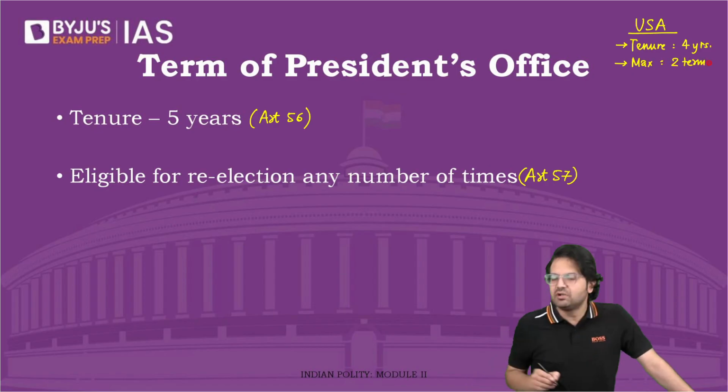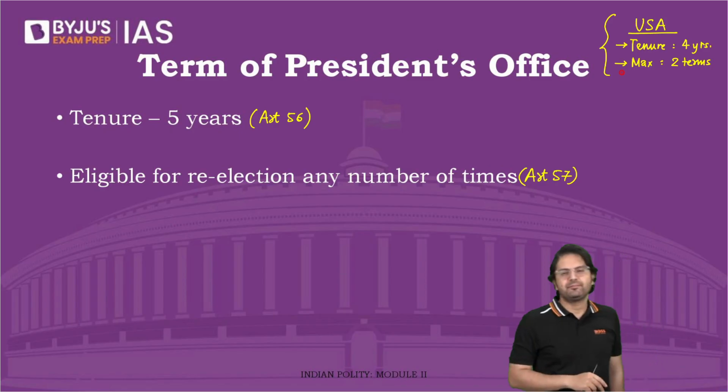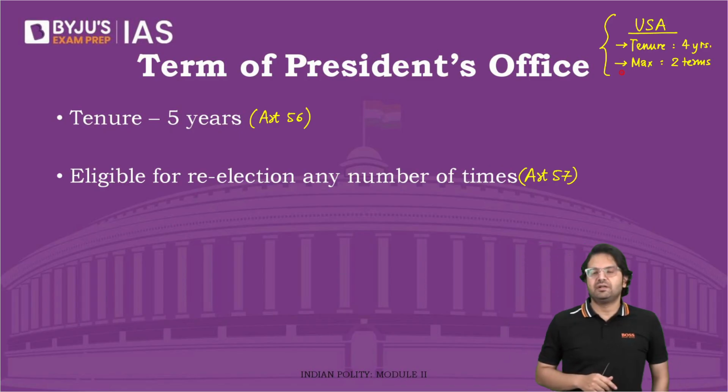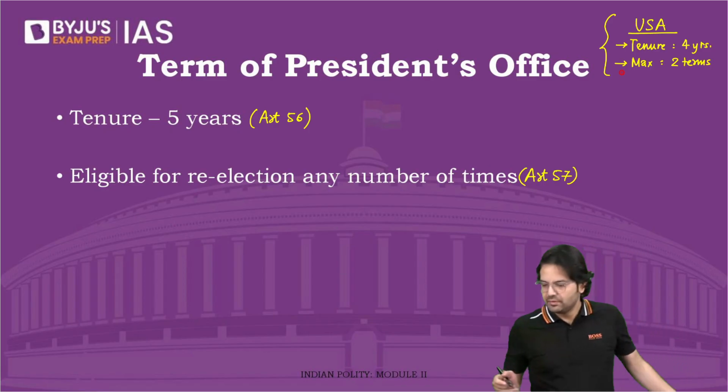This change of maximum 2 terms was made in 1951. Before 1951, there was no limit. In fact, just before 1950s, Franklin Delano Roosevelt, FDR, the very famous US president, won the election 4 times, 1933 to 1945, back to back 4 times. Now it's only 2 terms.